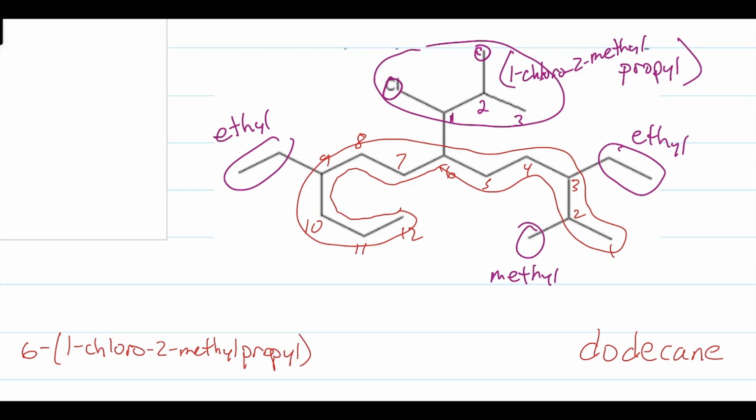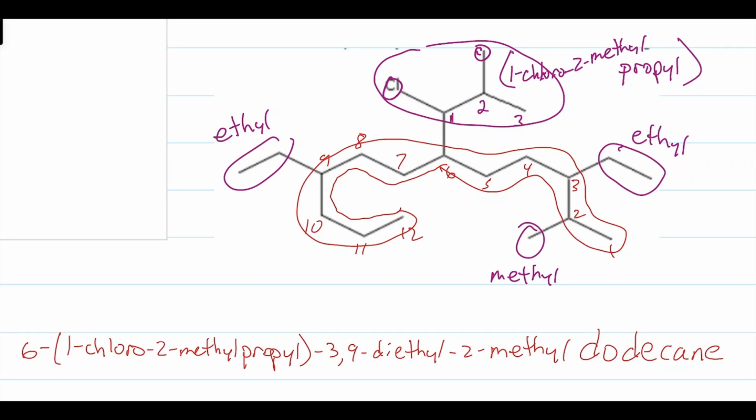Then what comes next are 2 ethyls, and they're in the 3 and 9 positions. So we have 3,9-diethyl. And then finally we have the methyl in the 2 position.